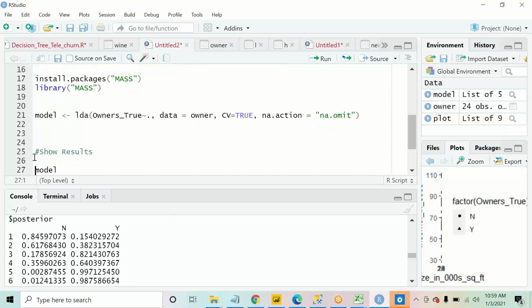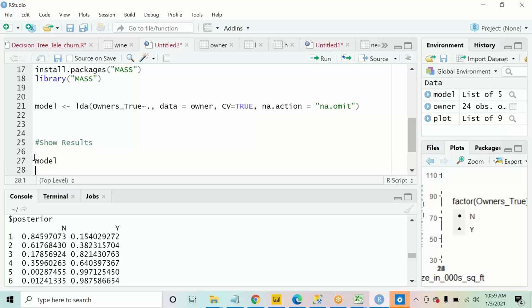Just give me 2 minutes. In the meantime, with the model that we have created, can you tell me how the accuracy is coming and how the predicted results are that this model is giving you?